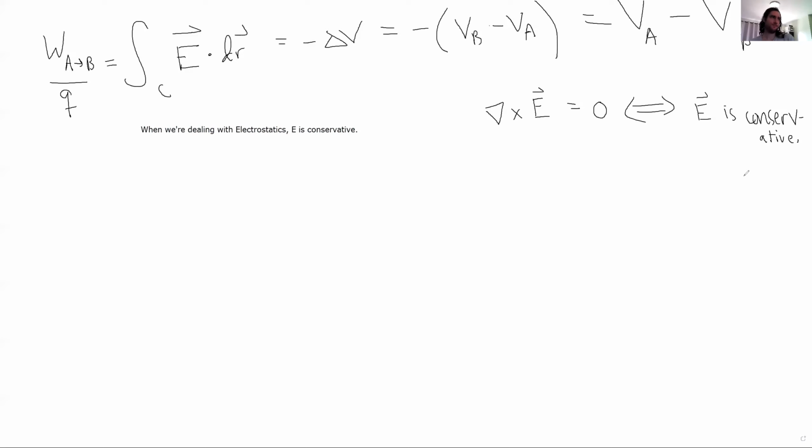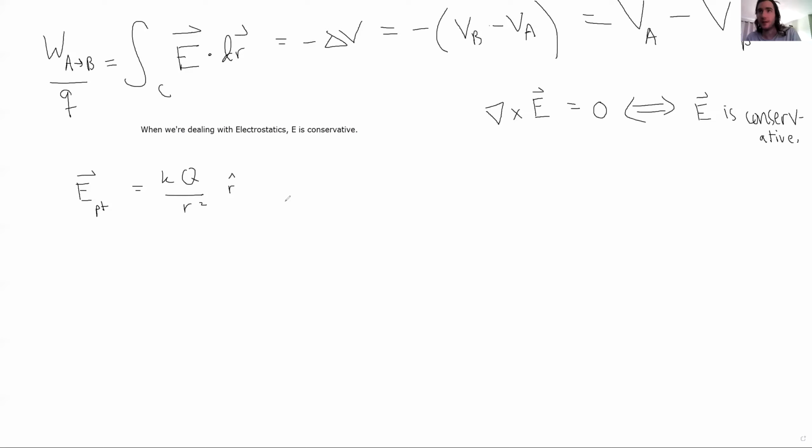How are we going to show that? Well, we can start with a point charge. E for a point charge we know is kQ over r squared in the r hat direction, right? Well, wait a minute. Are we just going to show that the electric field for a point charge is conservative, or is it conservative for all electrostatic electric fields where we have static charges?